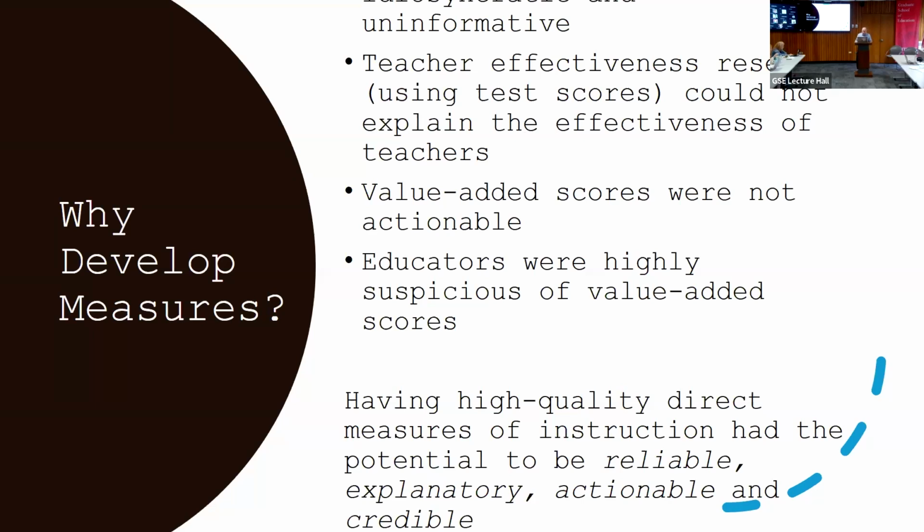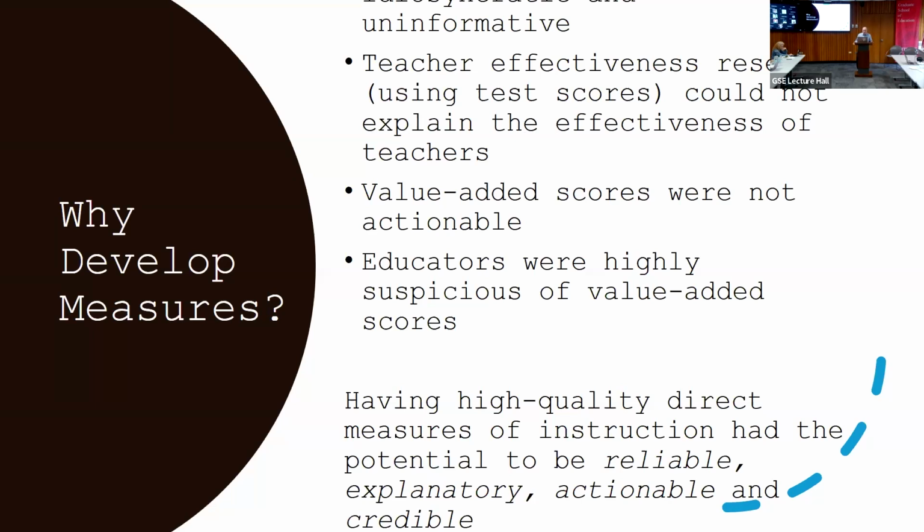And then we saw an emergence of teacher effectiveness research that used student test scores as the determinant of teaching quality. And so we had these things called value-added scores, growth models. And those models could sort teachers or rank them on this metric that was developed, but it couldn't explain why they differed or the effectiveness of their teaching in terms of raising student test scores.